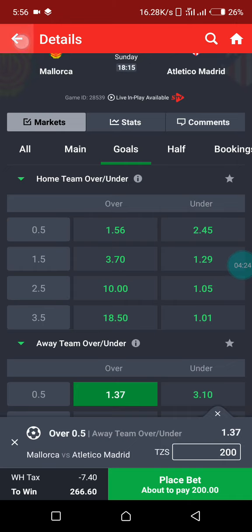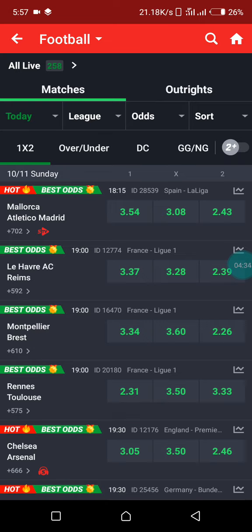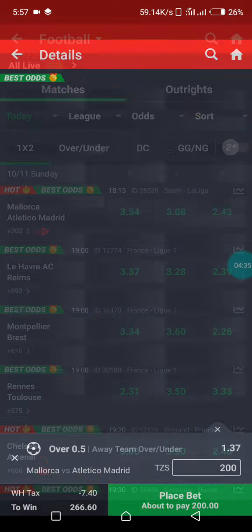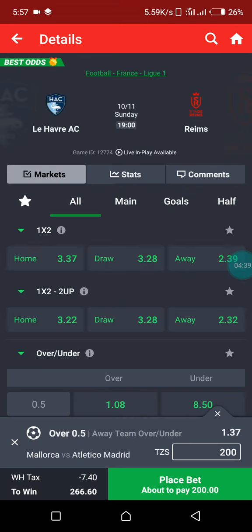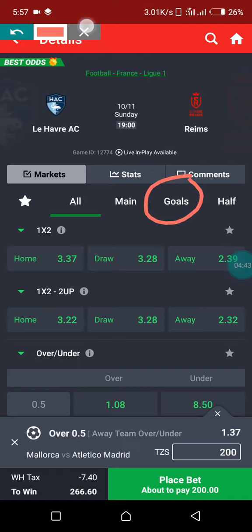I need you to prove that for 3 games, and I'm sure that we are going to win. Here we have another game. Let us look. Tap on goals here.